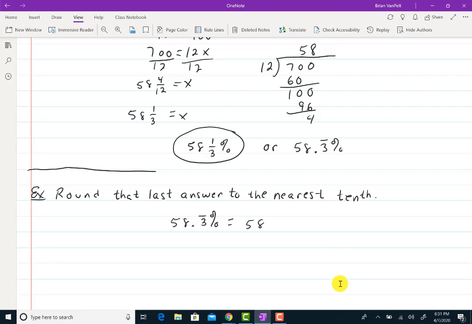Now it says to write it to the nearest tenth. That's this decimal right here. Let me circle it. That's the decimal I want to round to. The decimal after it tells me to round down, and we end up with 58.3%.